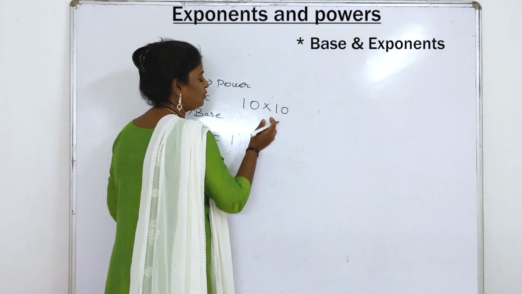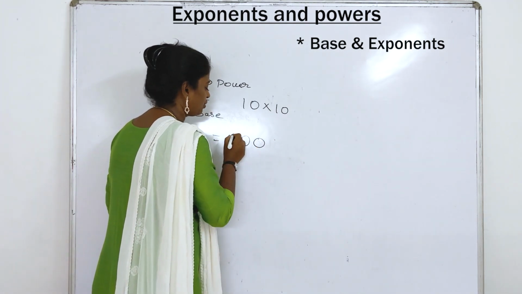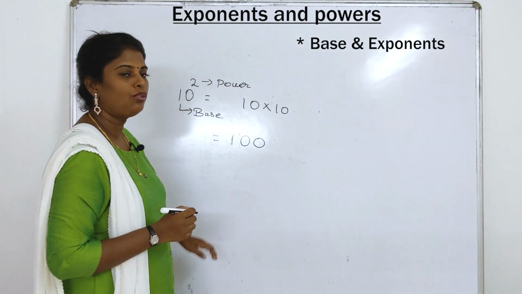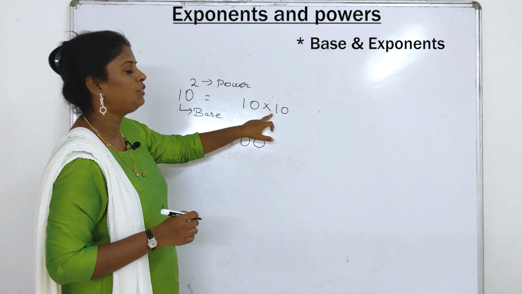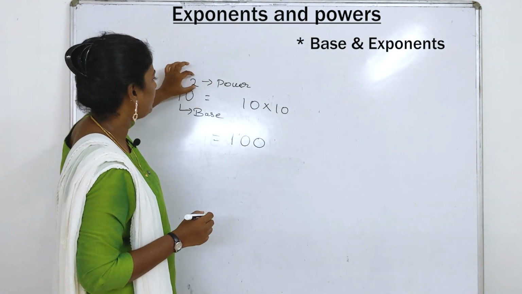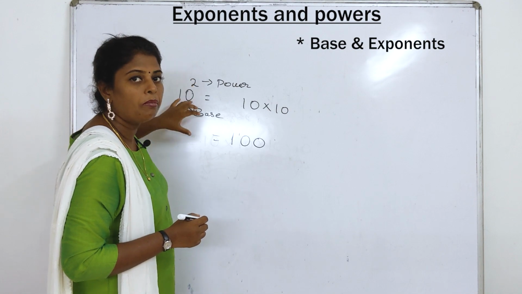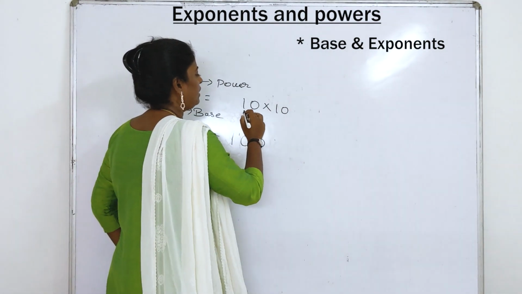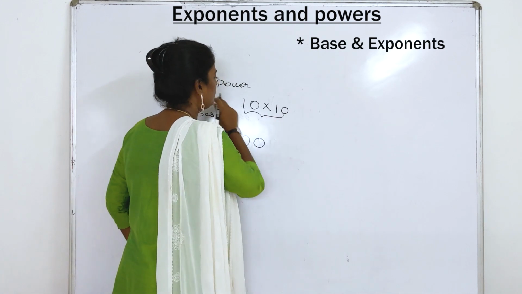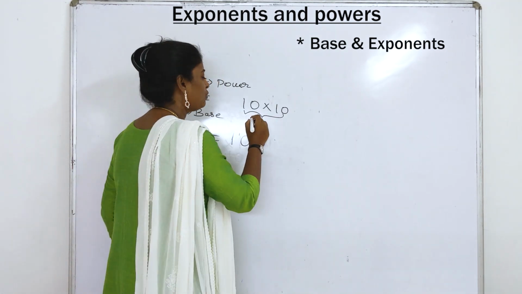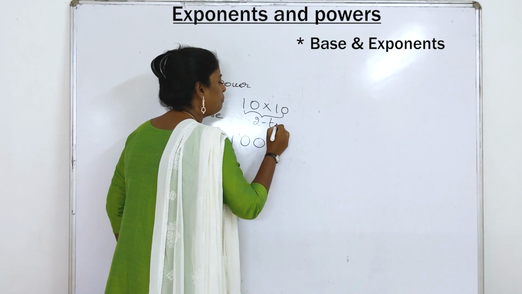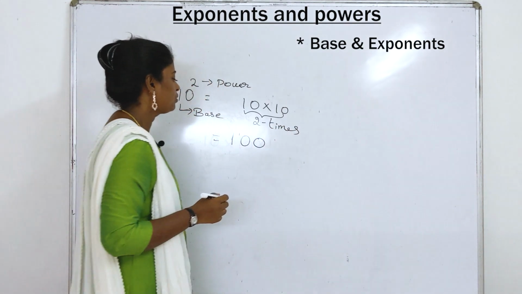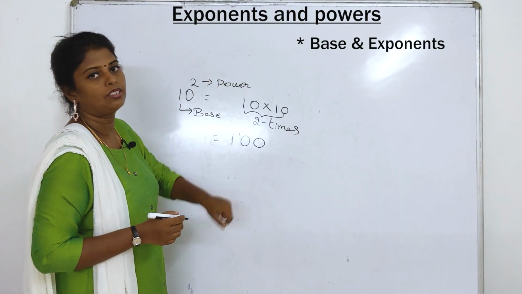We have 2 zeros, so just write 2 zeros. That's it. So 10 square is nothing but 10 into 10 because the power is 2. How many powers are here? The power is 2. So we are multiplying the 10 by 2 times. So 10 into 10 is 100.